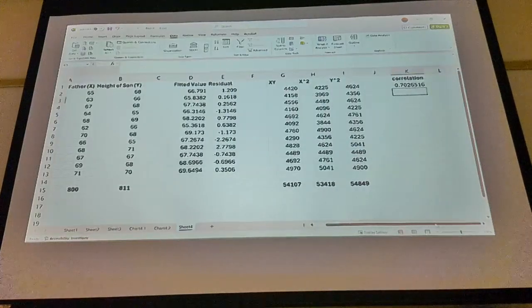So, what does that tell you? R. Right, so what does that value of R tell you? What can you say about the data? It is positive linear.